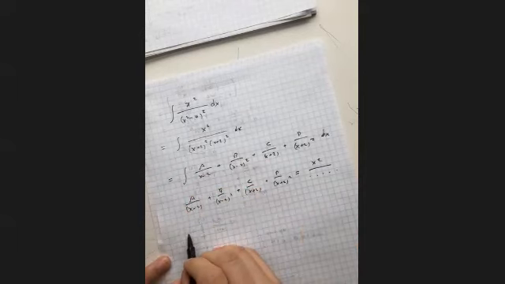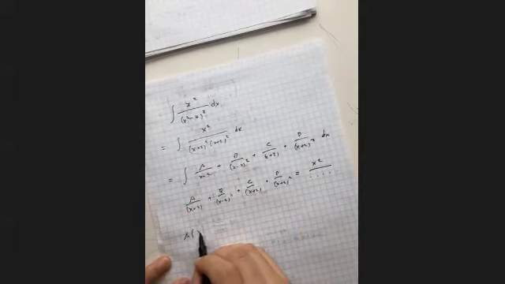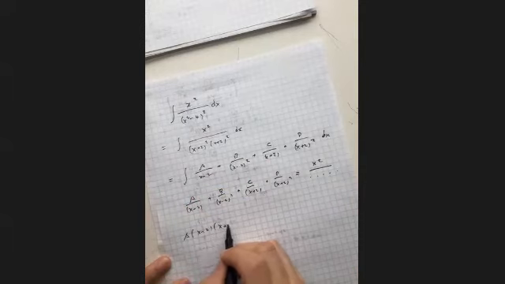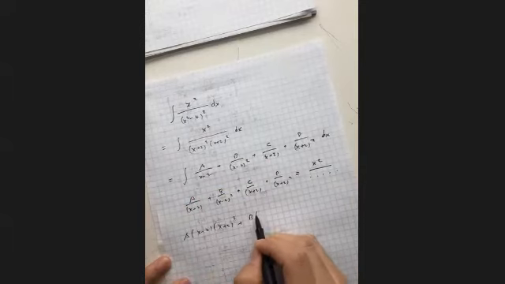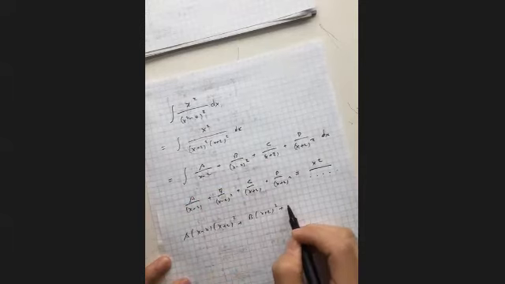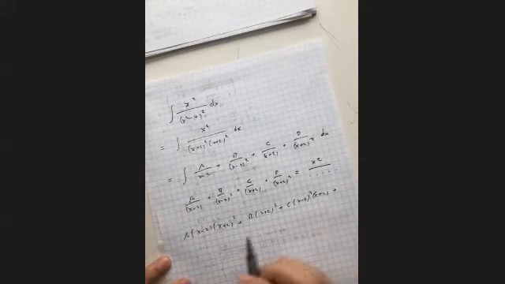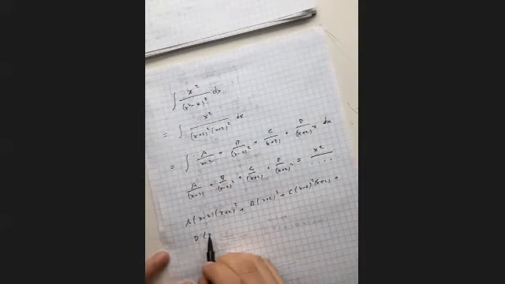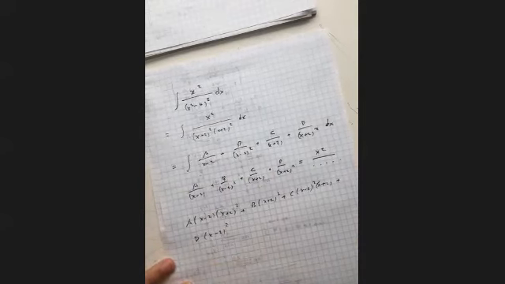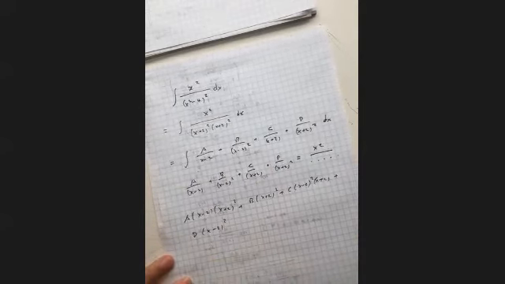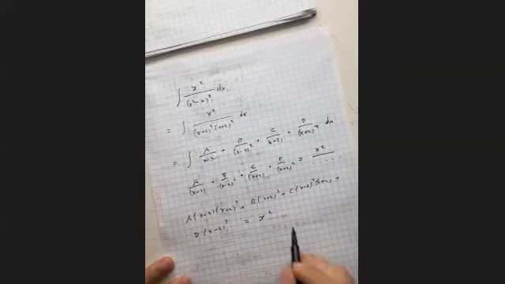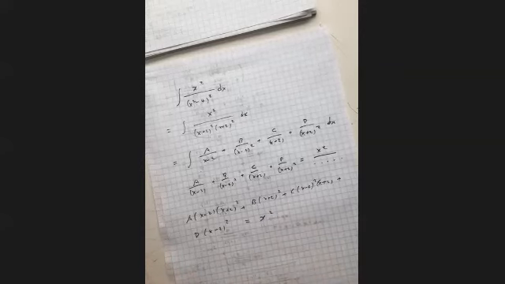This gives you A times x minus 2 times x plus 2 squared, plus B times x plus 2 squared, plus C times x minus 2 squared times x plus 2, plus D times x minus 2 squared, equal to x squared. That makes sense? So we have everything here.